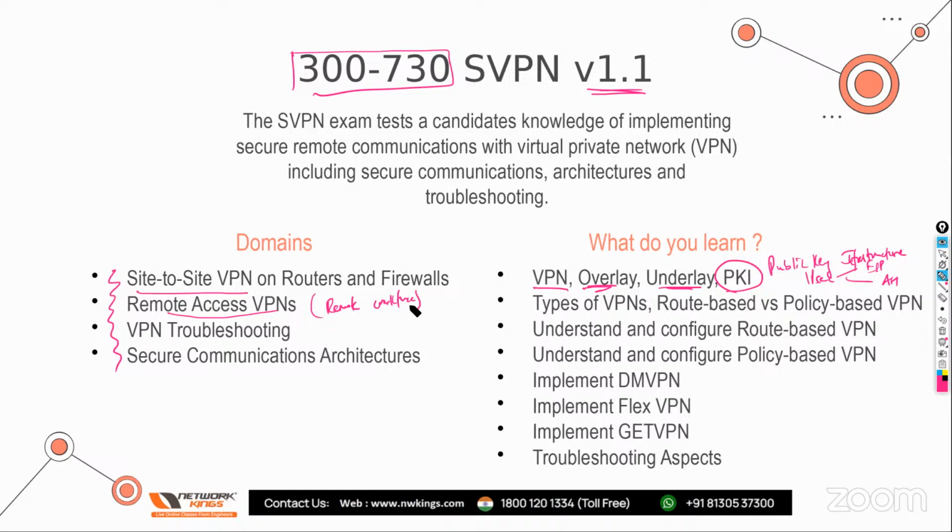Remember, the SVPN exam is very troubleshooting heavy. A lot of people fail this exam because they go in with the impression that they know how the configuration needs to be done.